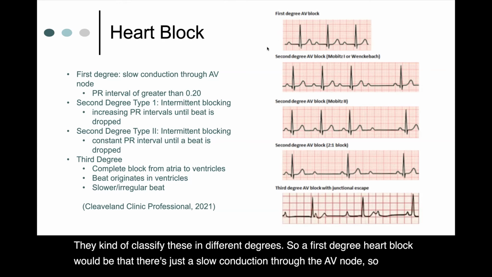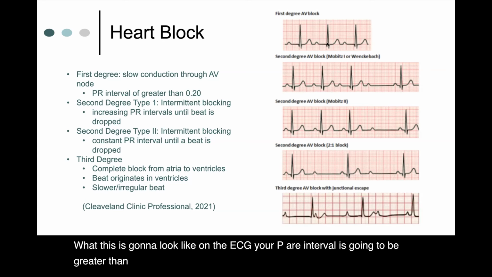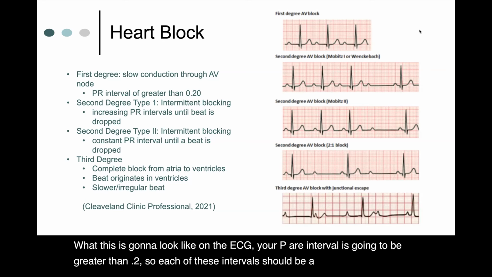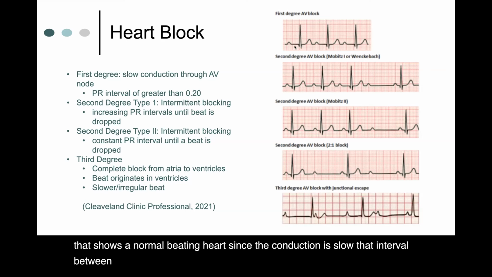So what this is going to look like on the ECG, your PR interval is going to be greater than 0.2. So each of these intervals should be a certain time frame that shows a normal beating heart. Since the conduction is slow, that interval between the P and the R is going to start to lengthen.